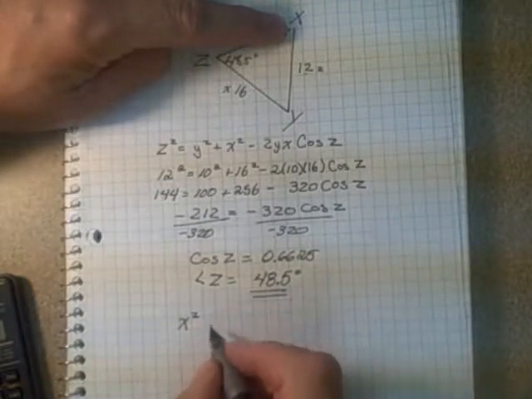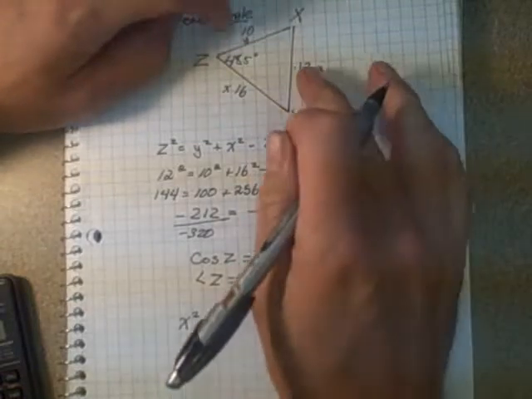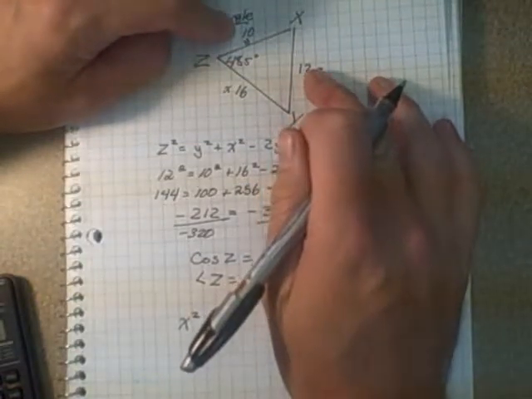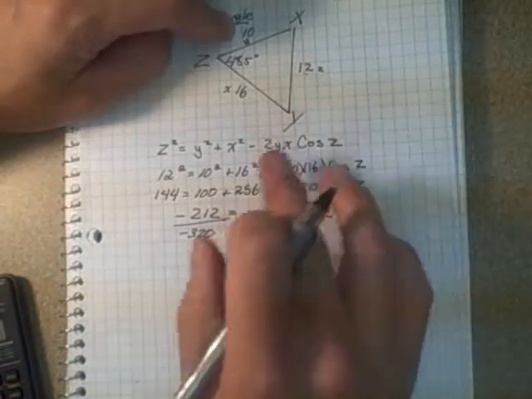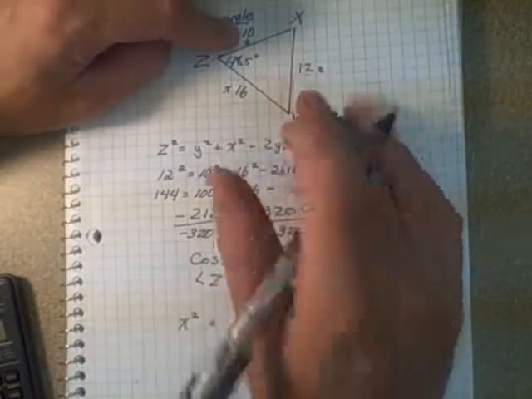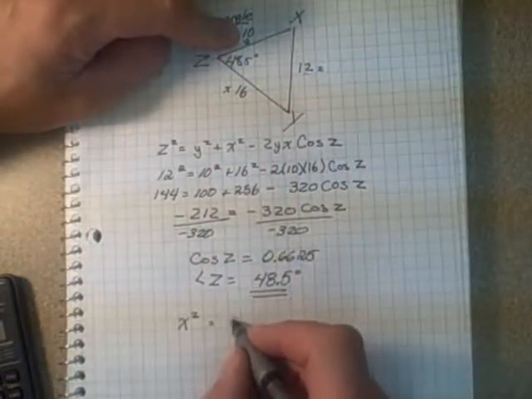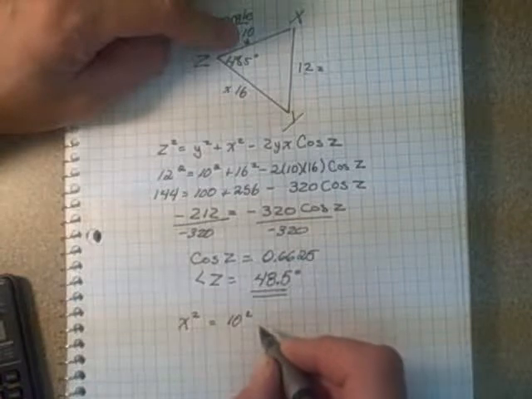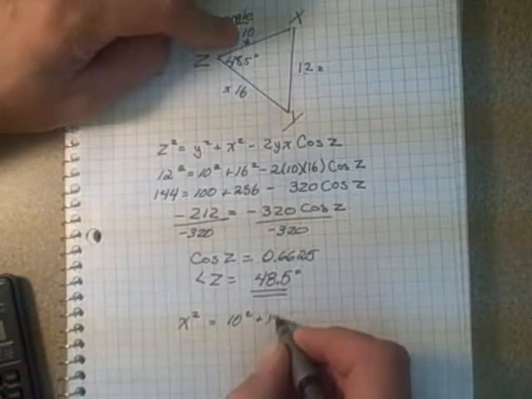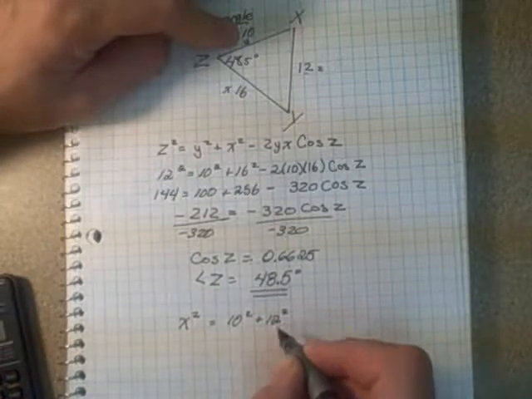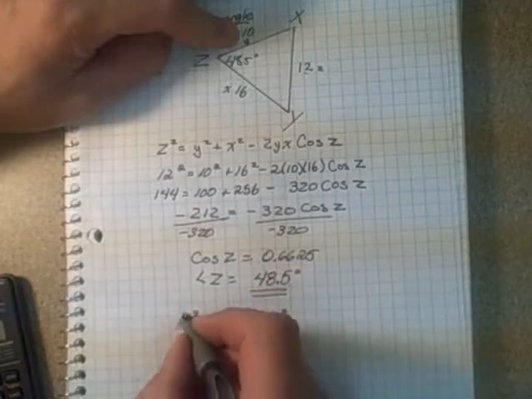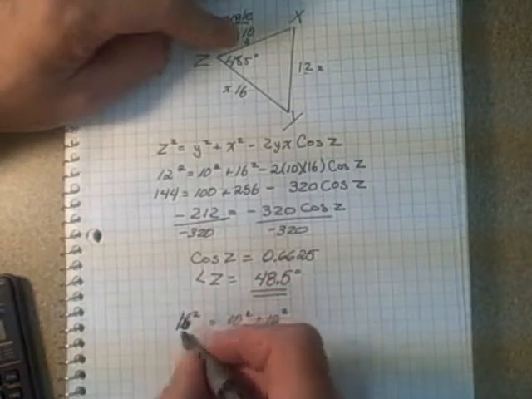So x squared is going to equal the other two sides squared. This time, instead of putting the formula down, I'm going to put the two sides beside it here. Actually, you know what?